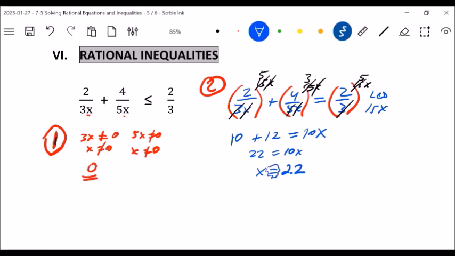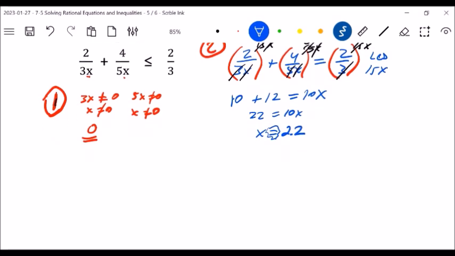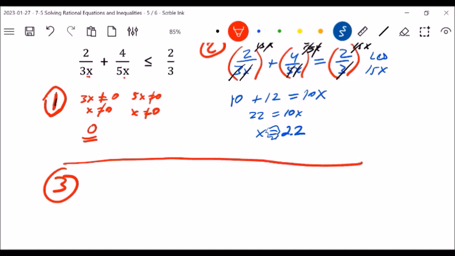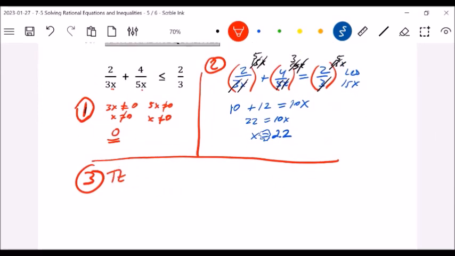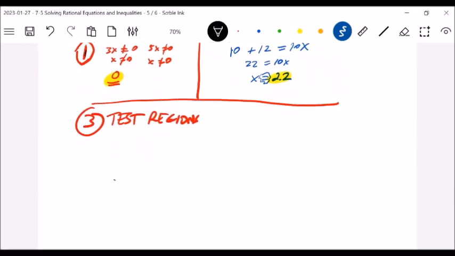Now, I don't know whether it's greater than or less than, but I don't need to yet, because on the third part of this, I am going to test regions. I'm going to make a number line based upon these two numbers, and put them in reasonable places, say here and here.